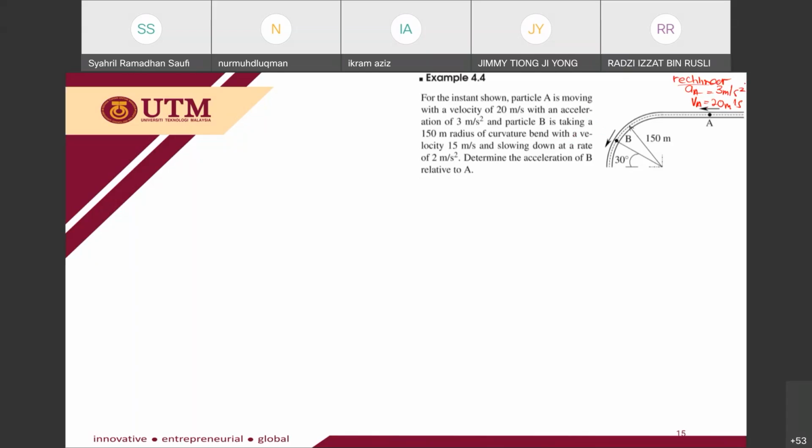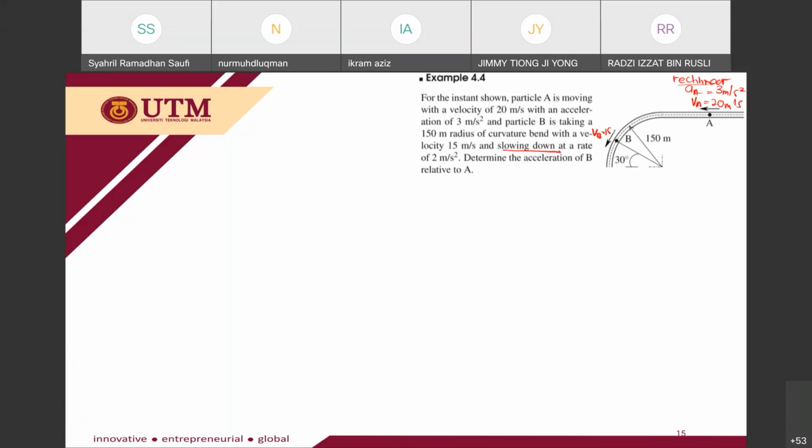You need to know what type of motion the particle is in. Velocity of B, VB, is 15, and it's already mentioned here, slowing down. Slowing down means decelerating, so the acceleration is opposite to velocity.